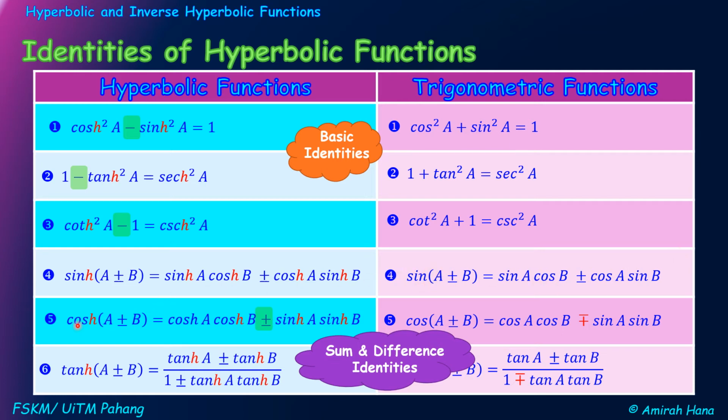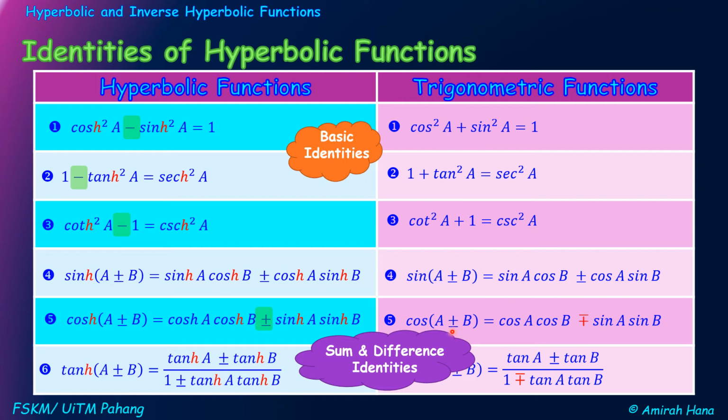And then formula number 5. cosh of A plus minus B equals cosh A cosh B plus minus sinh A sinh B. When we compare to trigo function, we have cos of A minus B equals cos A cos B plus sin A sin B. This means that when we expand cos of A plus B, we need to use minus sign.